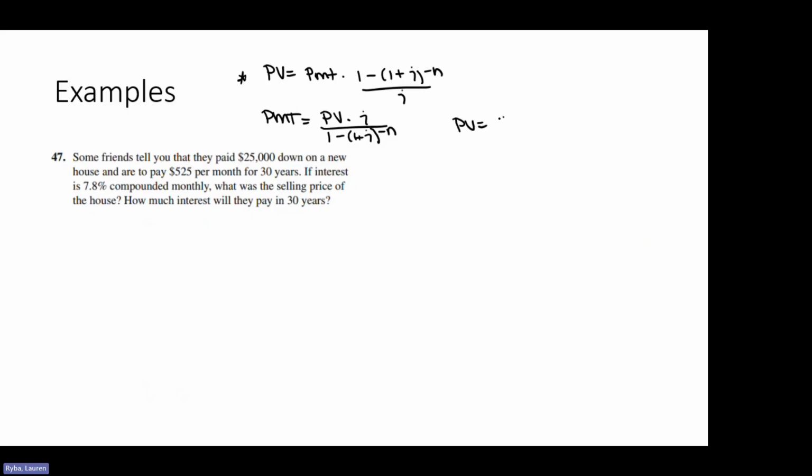So present value equals 525 times 1 minus 1 plus 0.078 over 12. Now we're doing 12 times a year for 30 years. That's going to give me 360 times, over 0.078 over 12.